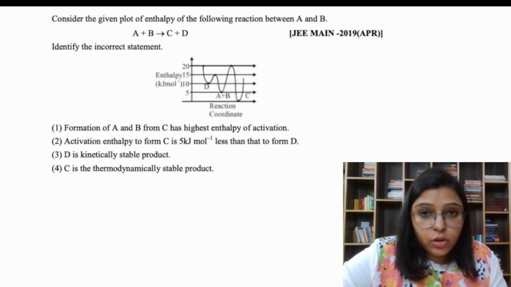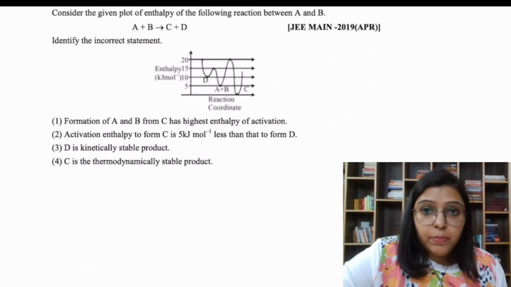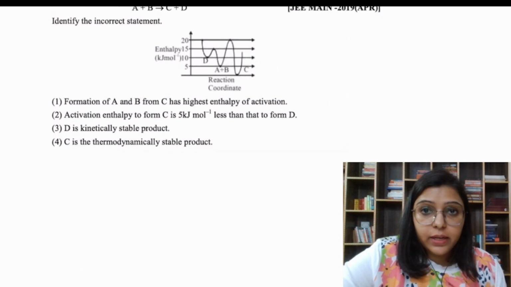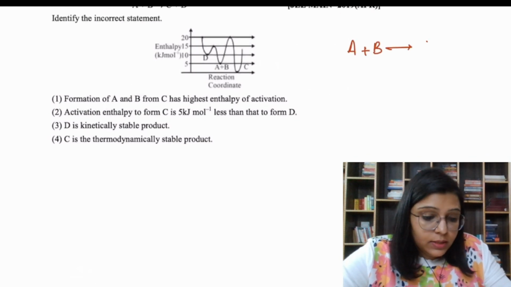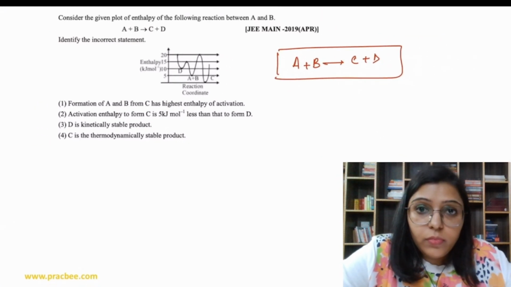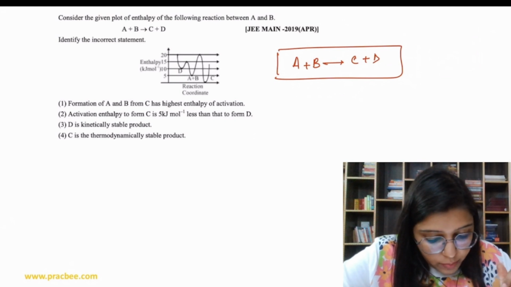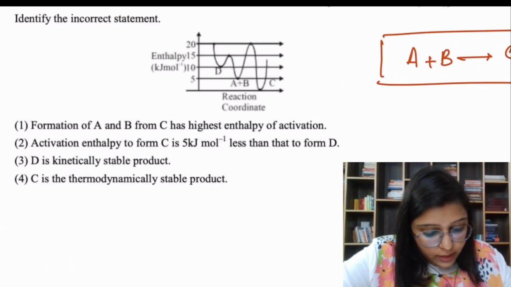Consider the given plot of enthalpy of the following reaction between A and B. A plus B gives C plus D, and identify the incorrect statement. So we have A plus B, C plus D. Okay, we have this. Fine. The first statement: formation of A and B from C has the highest enthalpy of activation.